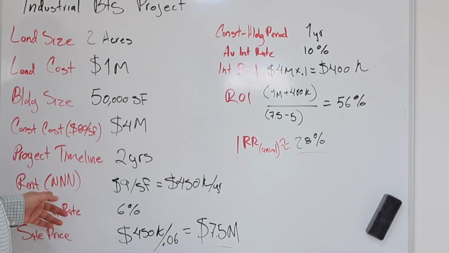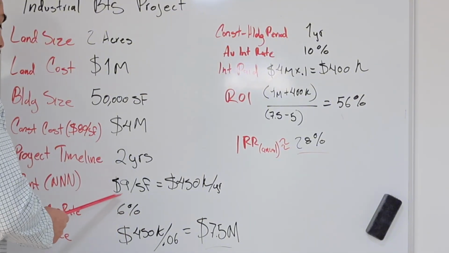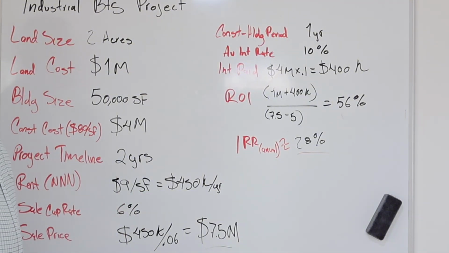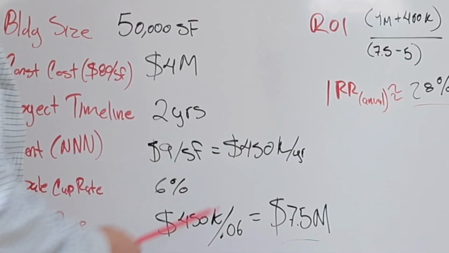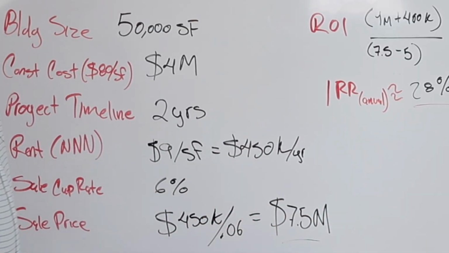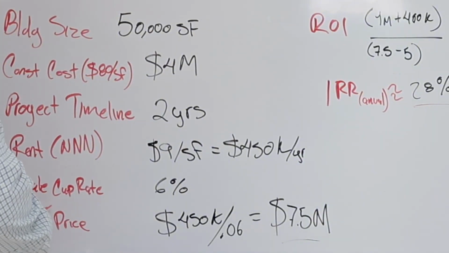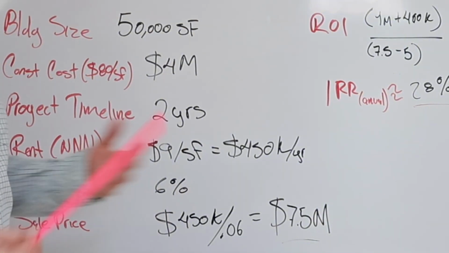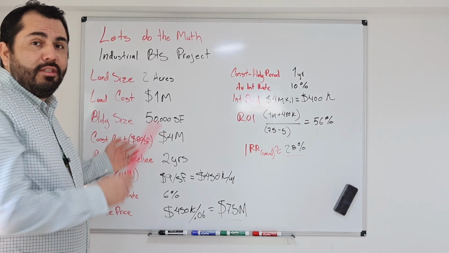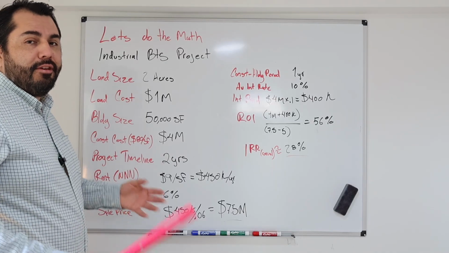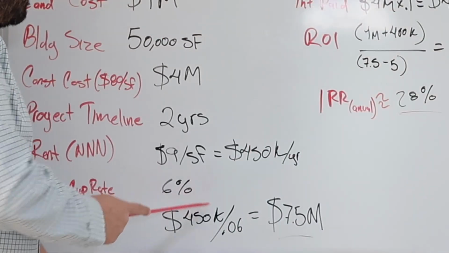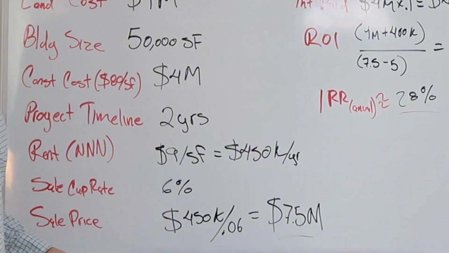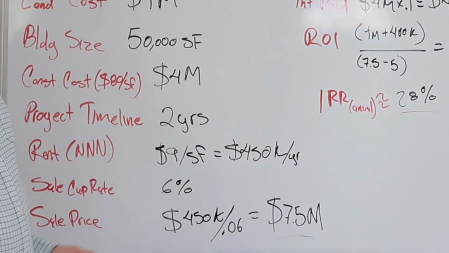And the rent is a triple net rent. It's $9 per square foot, which is within the market range, and it's about $450K a year. And the sale cap rate, when we sell the property, because we are going to sell after the construction, will be around 6% because it's a new property.